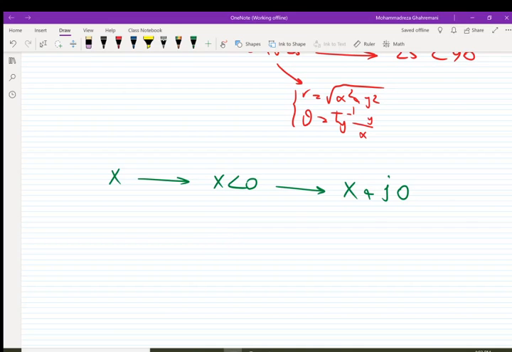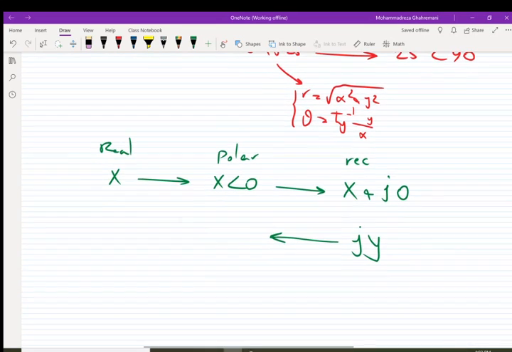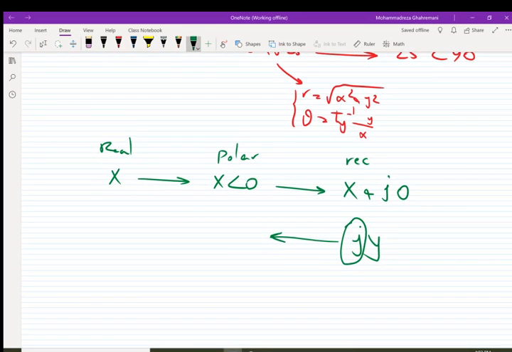So here is the real, here is polar, and here is rectangular. If we have jy and we want to convert it to the polar, I already told you that we can use these equations, but there is a shortcut. J means 90 degrees. So we can directly say that if we convert it to polar, the answer will be y with the angle of 90.